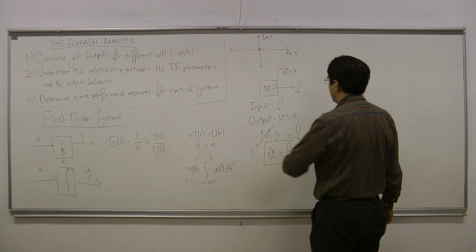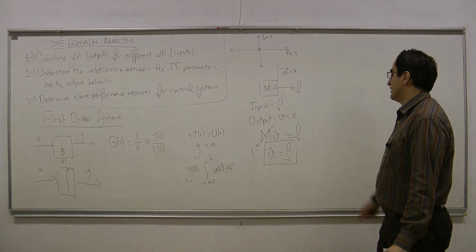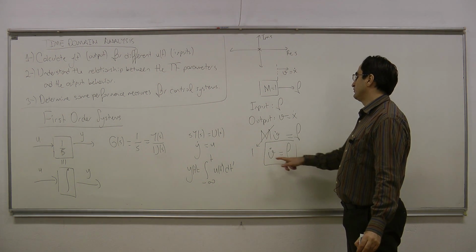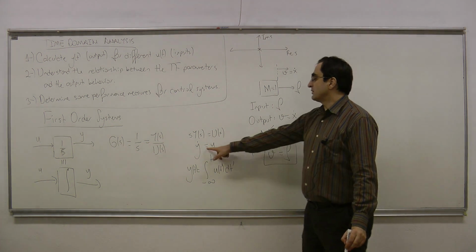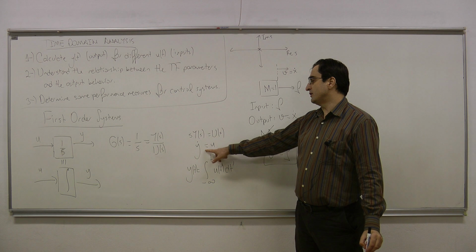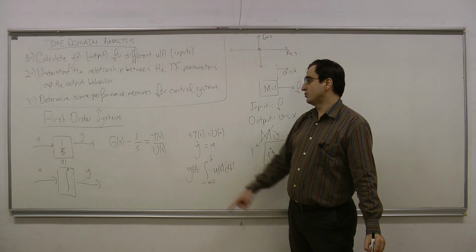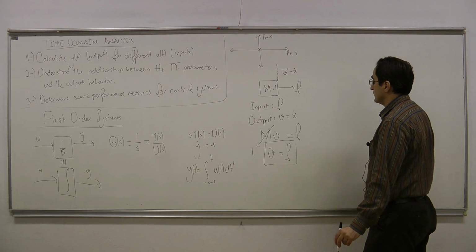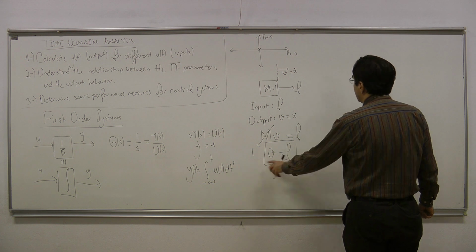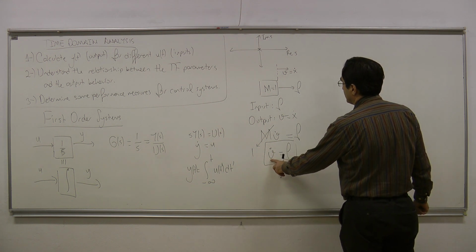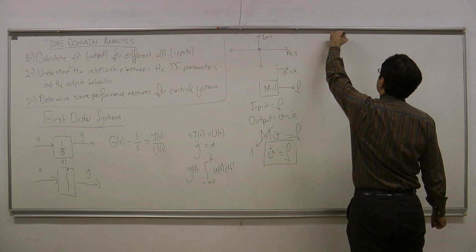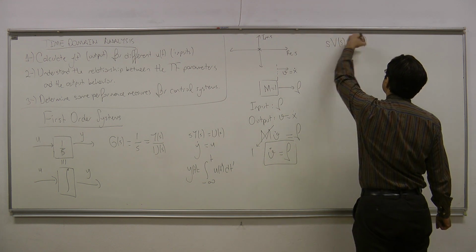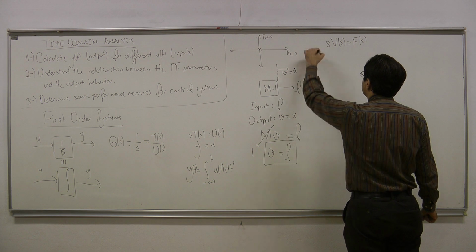So for this system, the output-input relationship would be output dot is equal to the input. That is what I have said here. This is the same equation as the earlier one. So let me pass this equation into the Laplace domain. S times V of S is equal to F of S. And what is the transfer function for this system?